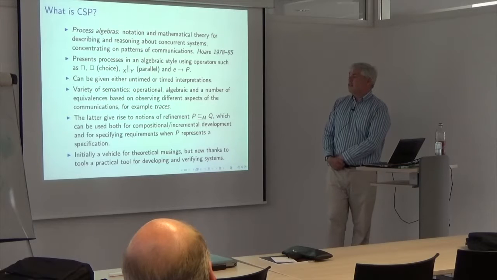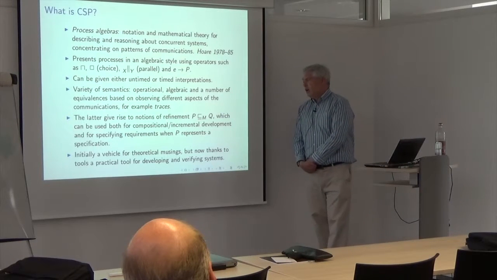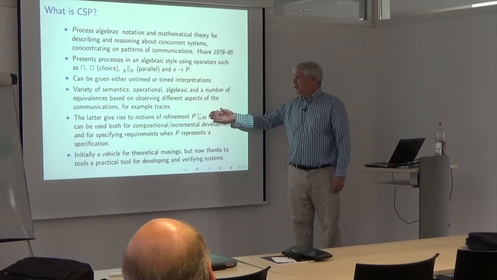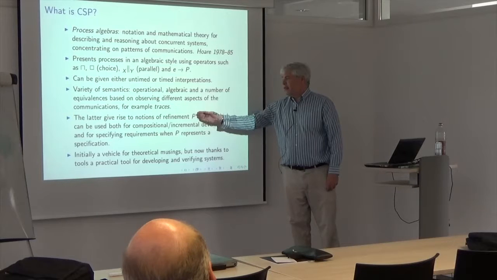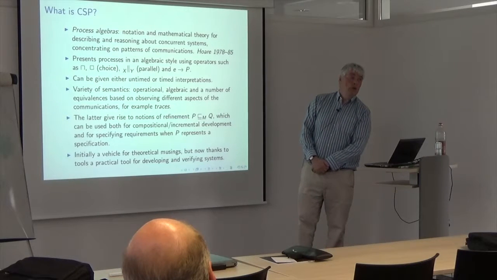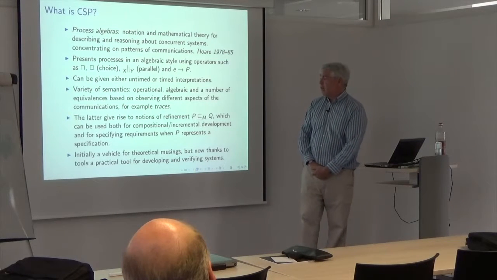But also, and this is a very heavily used possibility for CSP, Q is some implementation or some model that you want to test, and P is a simple specification which establishes some property that you do or do not want to hold of Q, and by testing the refinement you can find out if it does.